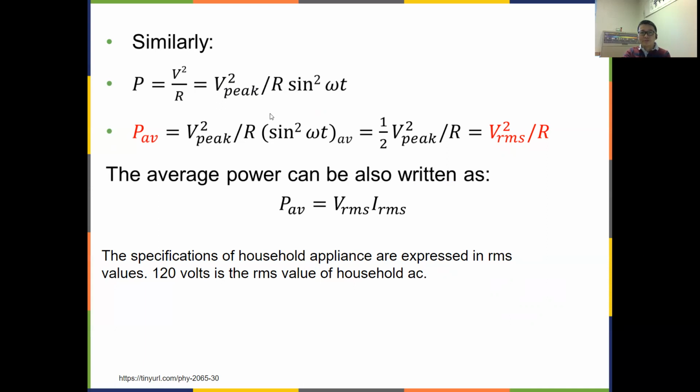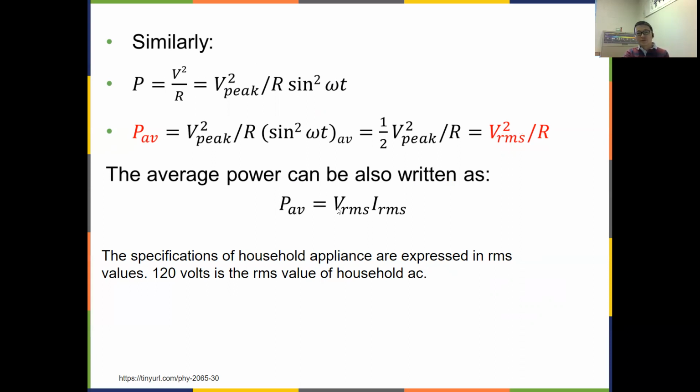The average of the expression is really averaging on the sine squared and then multiplying the constants. Again, the sine squared average will be equal to 1/2, but 1/2 V peak squared is equal to V root mean square squared. So P average is now V RMS squared over R.